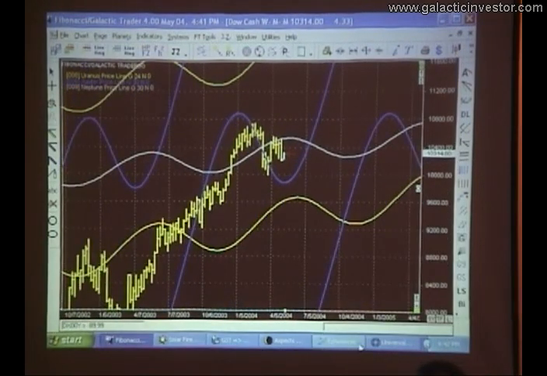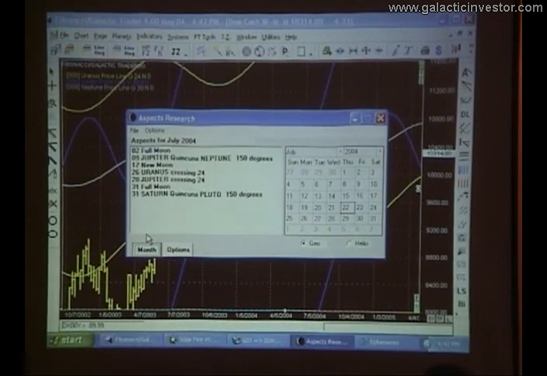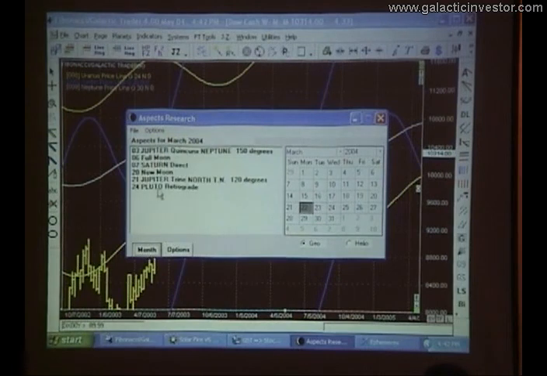Okay, how do I know, going back to March, you have Jupiter, Neptune? That's on aspect research, on page 13. Because Jupiter is quincunx Neptune, 150 degrees on March 3rd.